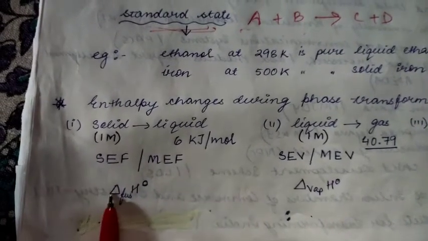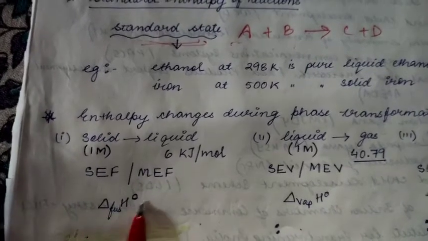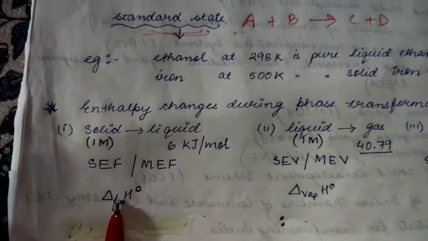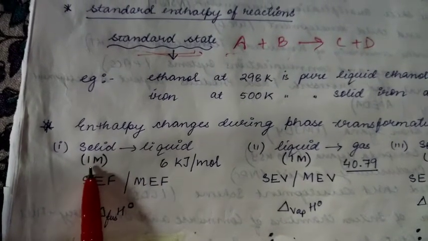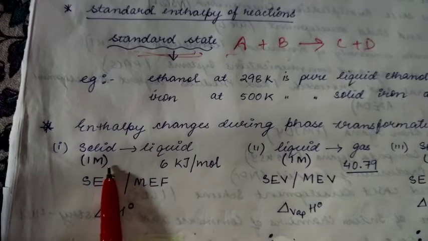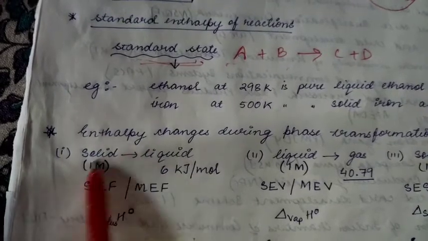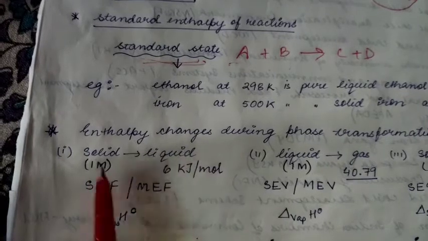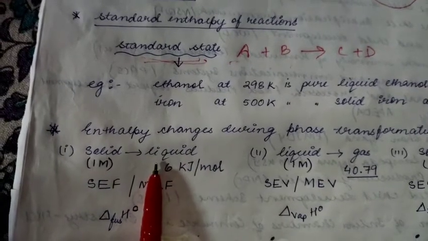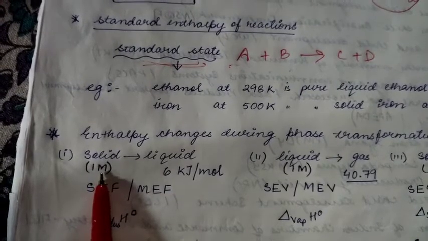Okay, so this is the designation. And how is it defined? The enthalpy change that accompanies 1 mole of a solid substance converted to liquid in standard state. So in the reaction, whatever solid and whatever liquid, these two have to be in the standard states. Clear? And whatever solid it takes, it has to be 1 molar.